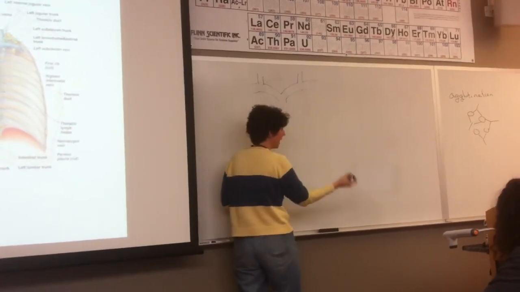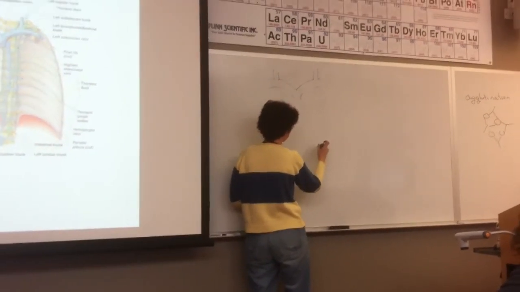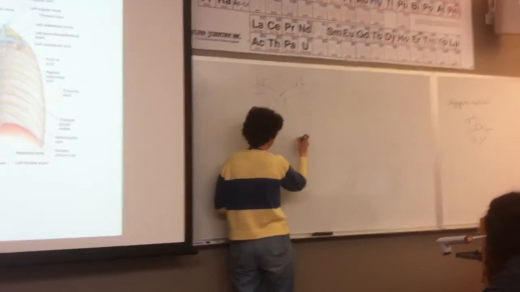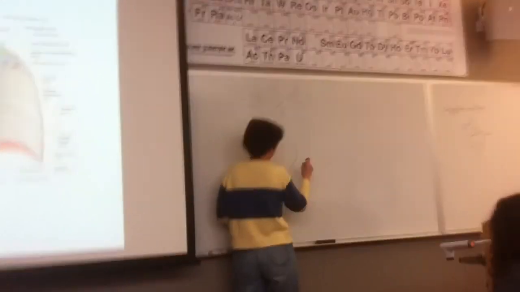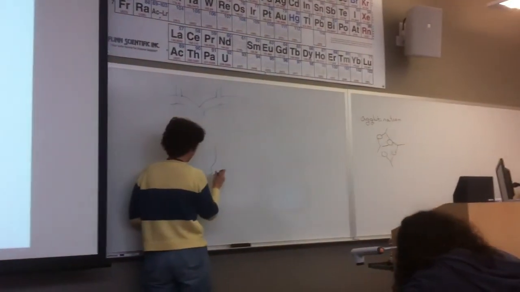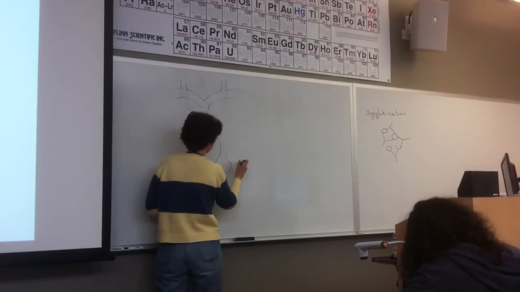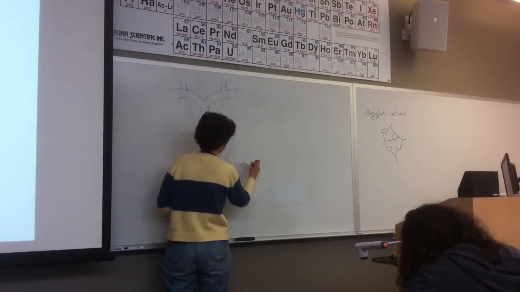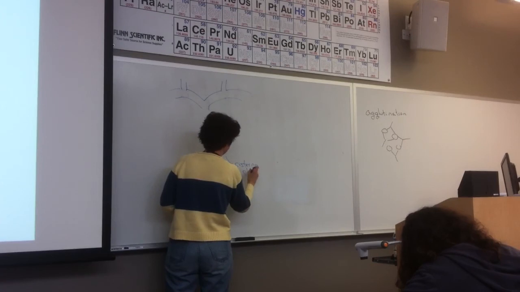So the lower extremity and the left abdomen and left side of the body are going to drain into a dilated chamber known as the cisterna chyli.